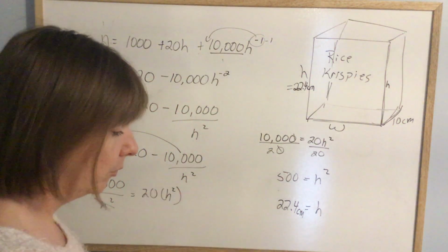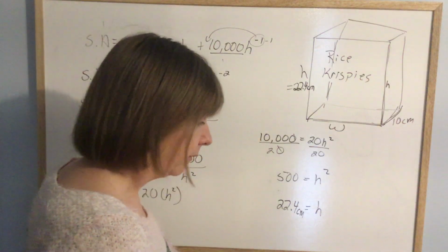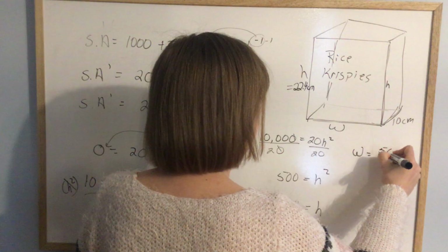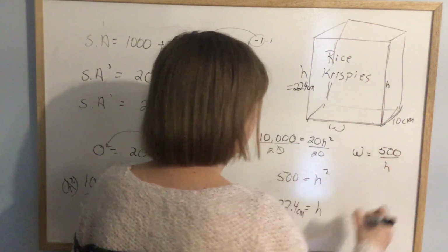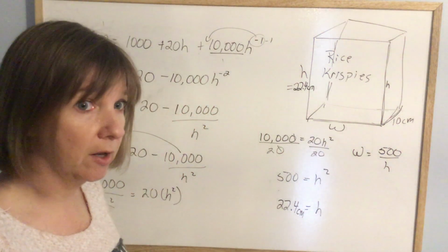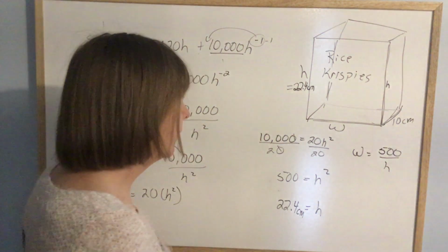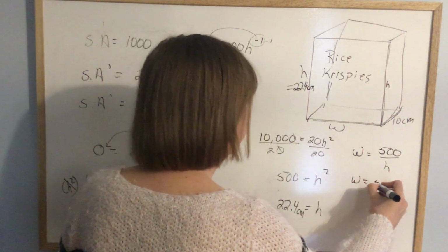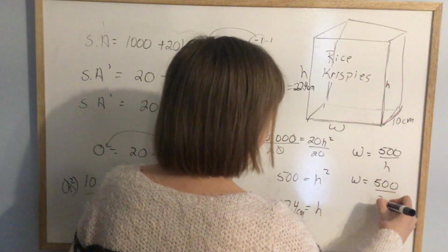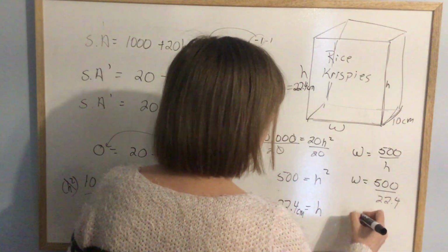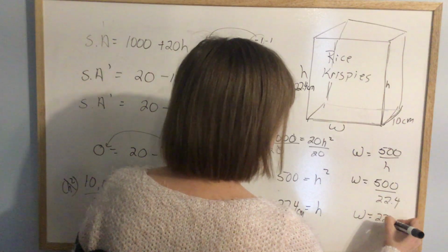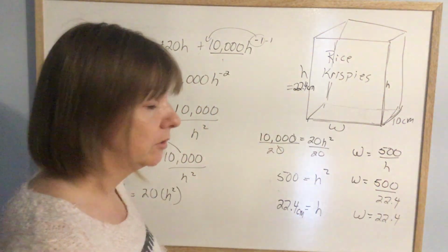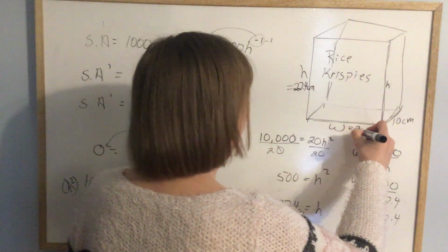Well, back on the board earlier, I had something that said width is equal to 500 over height. I had that back when I had isolated my W. So if I want to know what my width should be, and I now know that my height should be 22.4, then my width should be 22.4. When you do 500 divided by 22.4, you get 22.4.